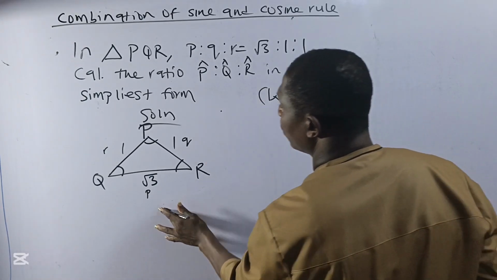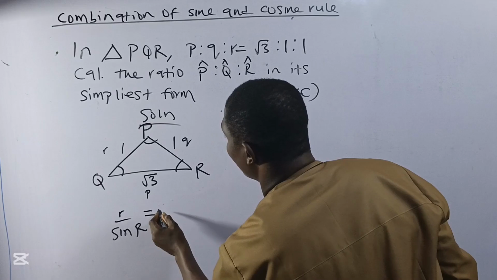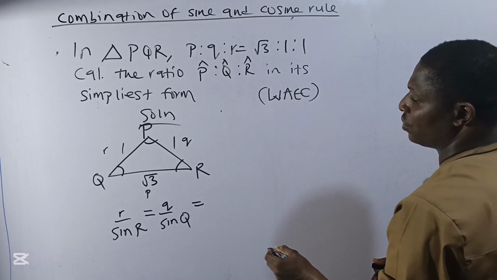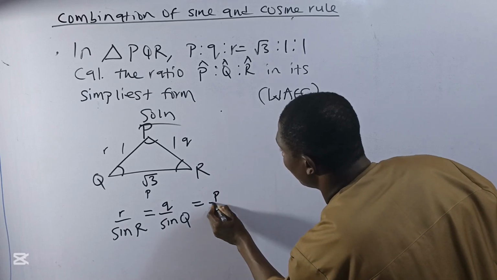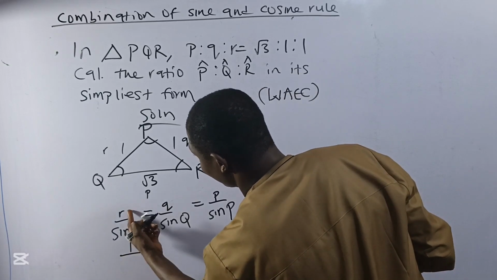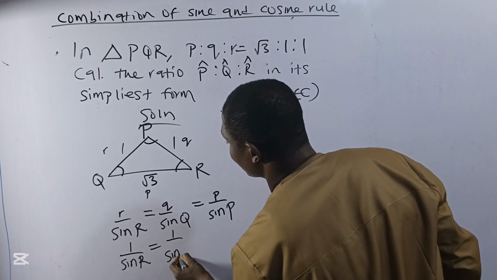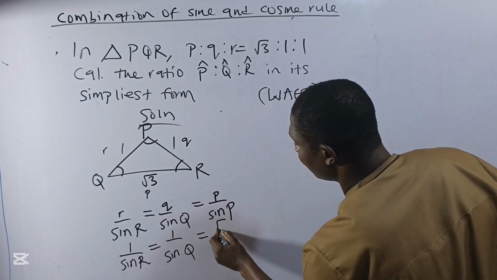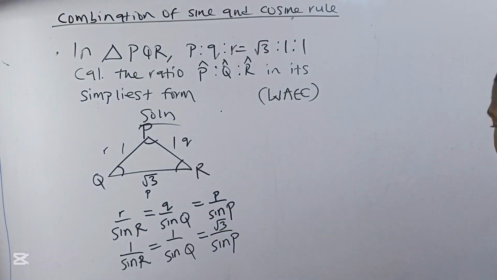If I'm looking for R using sine rule, I'll have R over sine capital R equals Q all over sine capital Q equals, the third is P, so P all over sine capital P. Now our small letter R is 1, and my Q is 1, so I have sine capital Q equal to my P, which is root 3, all over sine capital P. So this is the first thing we do.